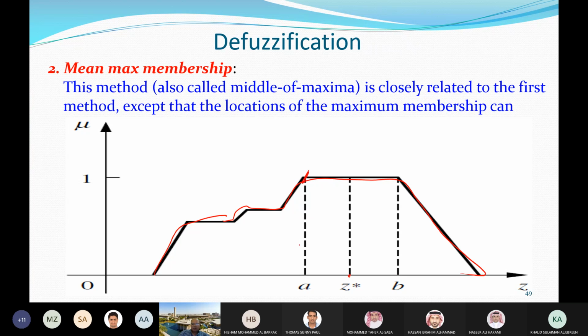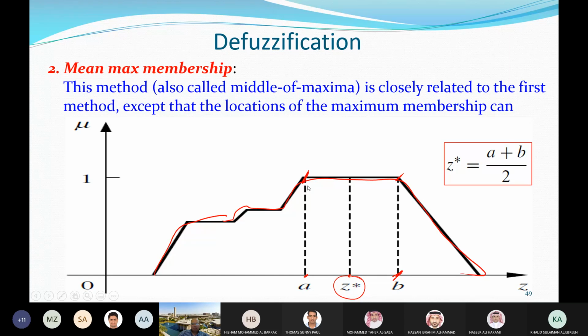So you have the maximum here at A, and the maximum here occurring at B, so you get the average, Z star, which is A plus B over 2. So you can get the average or the mean of maximum membership.